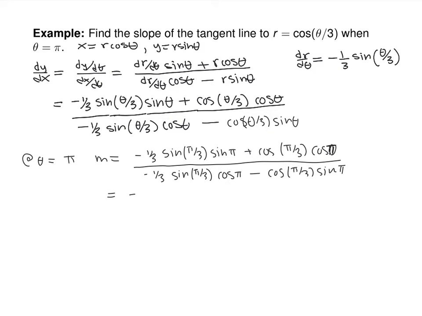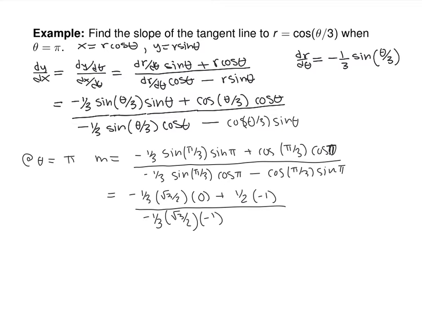So we have negative 1/3. Sine of pi thirds is root 3 over 2. Sine of pi is 0. Plus cosine of pi thirds, which is 1/2, times cosine of pi, which is negative 1, all over negative 1/3 times root 3 over 2 for sine of pi thirds again, times negative 1, minus 1/2 times 0.